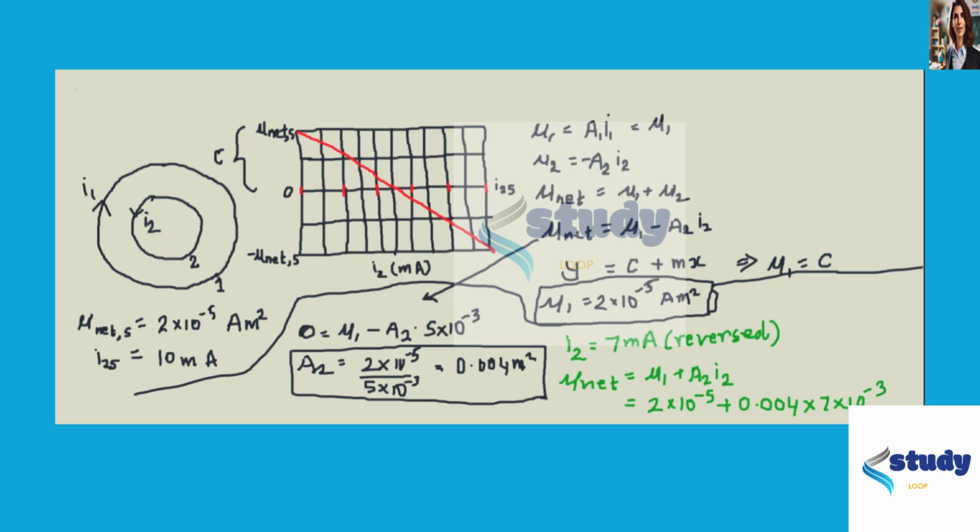Just calculate all this, and you get 4.8 into 10 to the power minus 5 ampere meter squared. So this gives us the net magnetic moment, and hence this is the solution for this question.